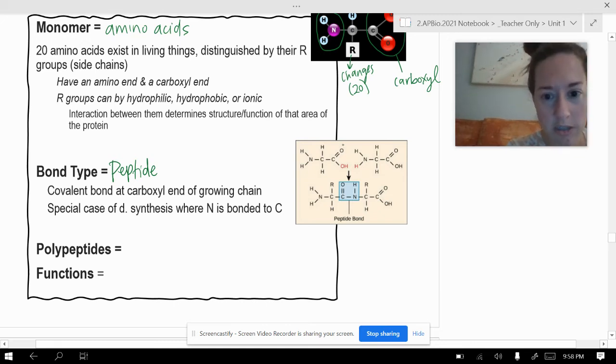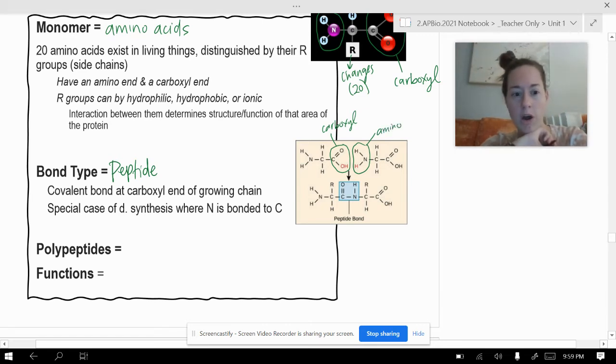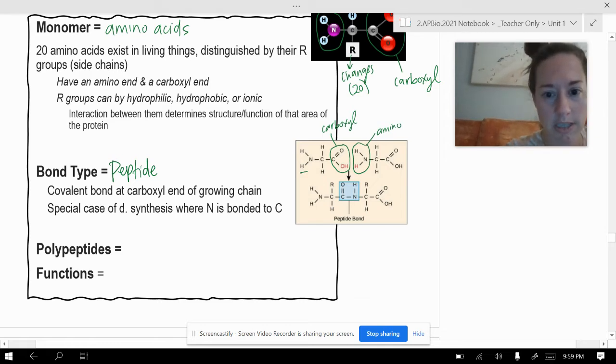So again, here's the carboxyl, and here's the amino. The start of your protein chain will always be an amino. So here's the start at this amino group, and here's the end at this carboxyl group. And it will always be that way, that the start is an amino and the end is a carboxyl.